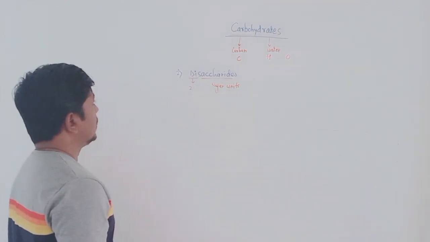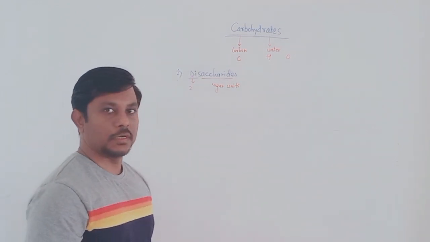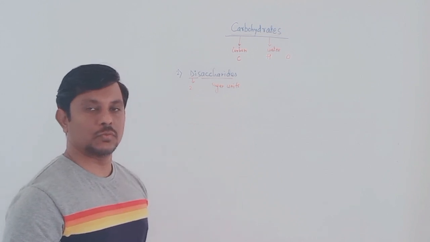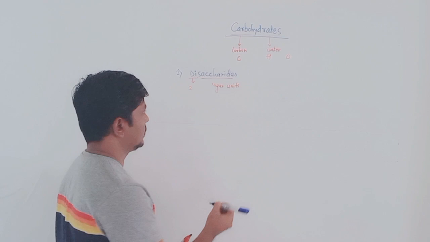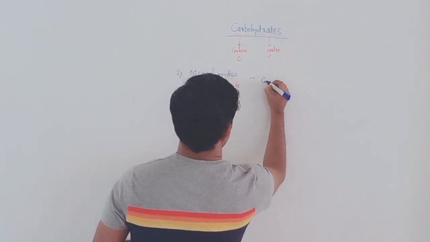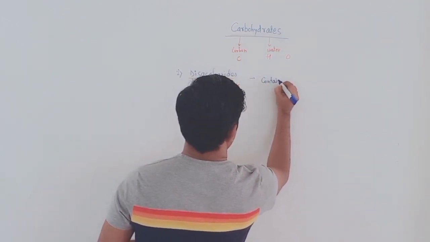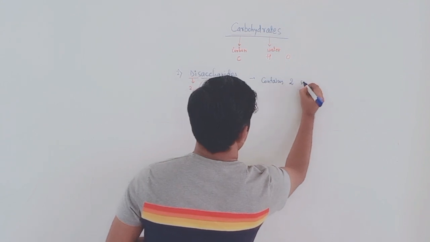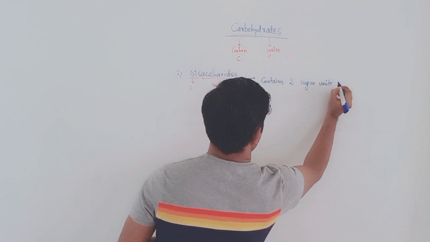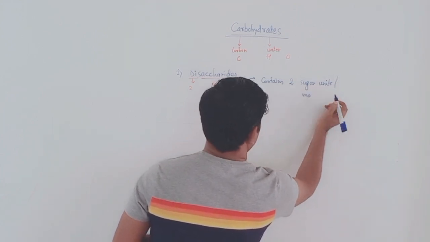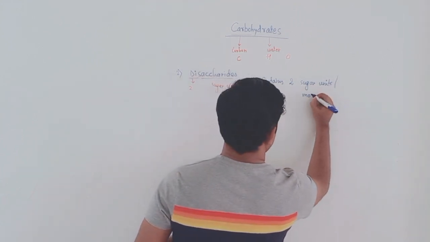So these are the carbohydrates which contain two monosaccharide units. It is two sugar units, or you can say two monosaccharide units.